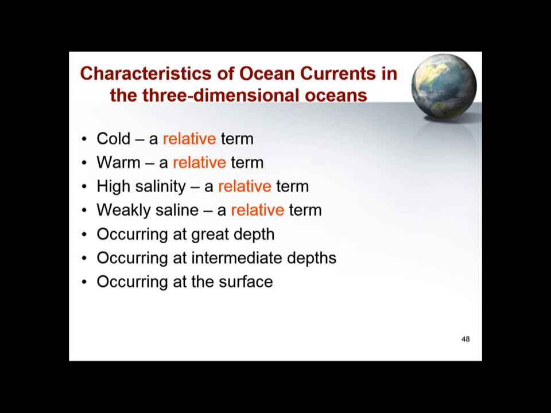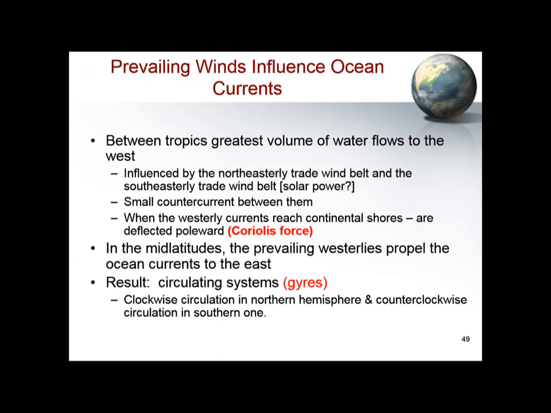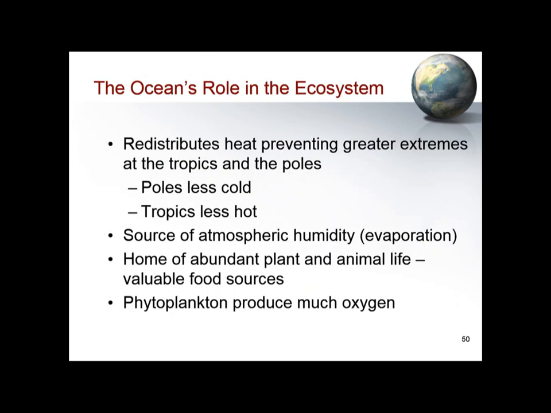Characteristics of ocean currents in the three-dimensional oceans: cold, warm, high salinity, weakly saline, occurring at great depths, occurring at intermediate depths, occurring at the surface. So you can see here prevailing winds influence ocean currents. The ocean's roles in the ecosystems.